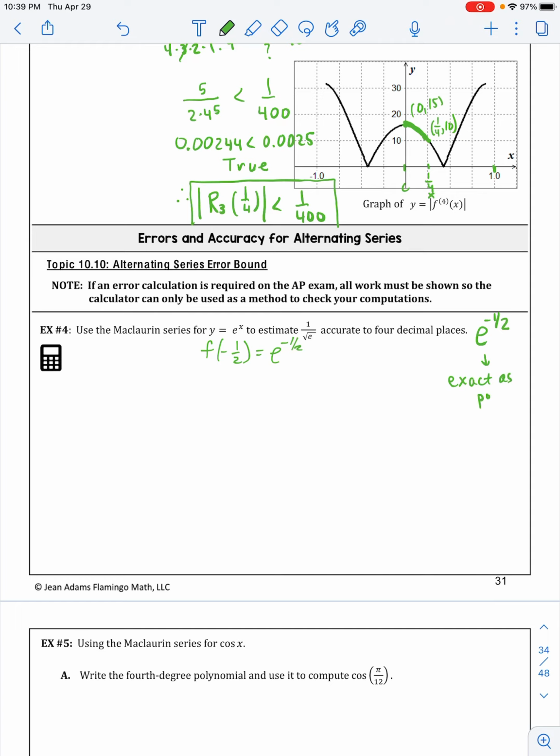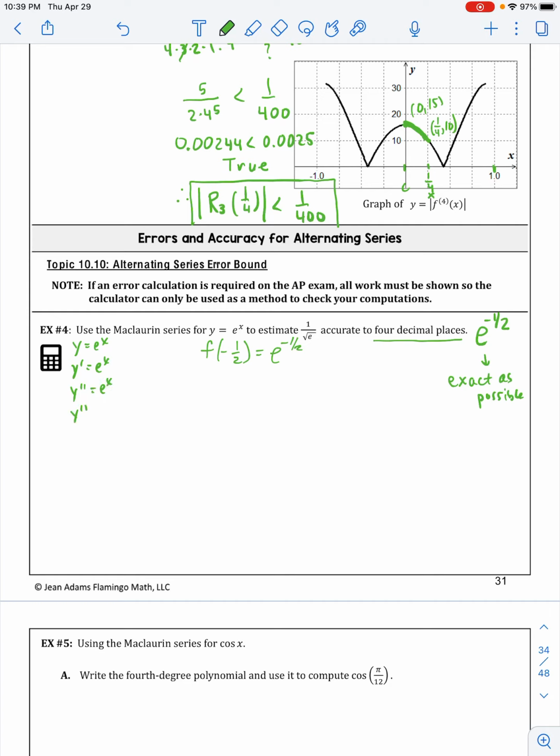Accurate to 4 decimal places means we would use the calculator to see what this exact amount is, or as exact as possible. Then we are going to find what degree we would have to take this to get something that was the exact same for 4 decimal places, okay?